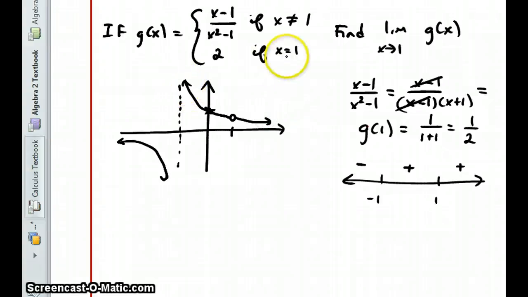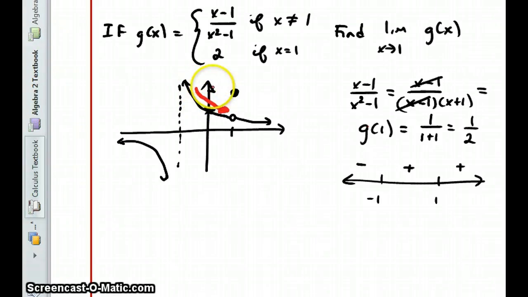And also, don't forget that we've also defined the function at 1, 2. So we go up to (1, 2), where we see a closed circle. Okay. Now, in spite of the fact that the graph itself is defined at the point (1, 2), the limit as x approaches 1 is what's happening to the function as we get closer and closer to 1 from both sides.